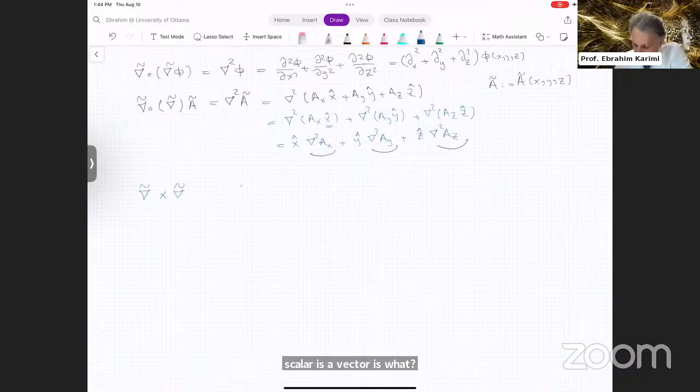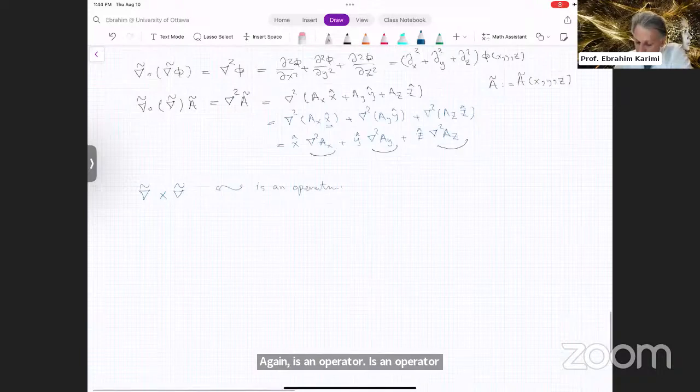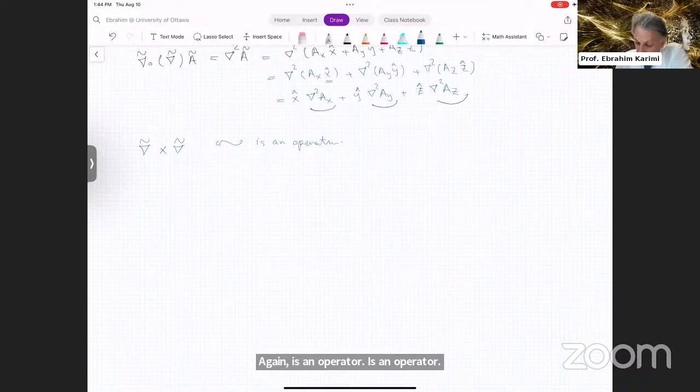Again, it is an operator. Let's do the mathematics. So you will have, I will write it down, x hat, y hat, z hat, derivative with respect to x, derivative with respect to y, derivative with respect to z.